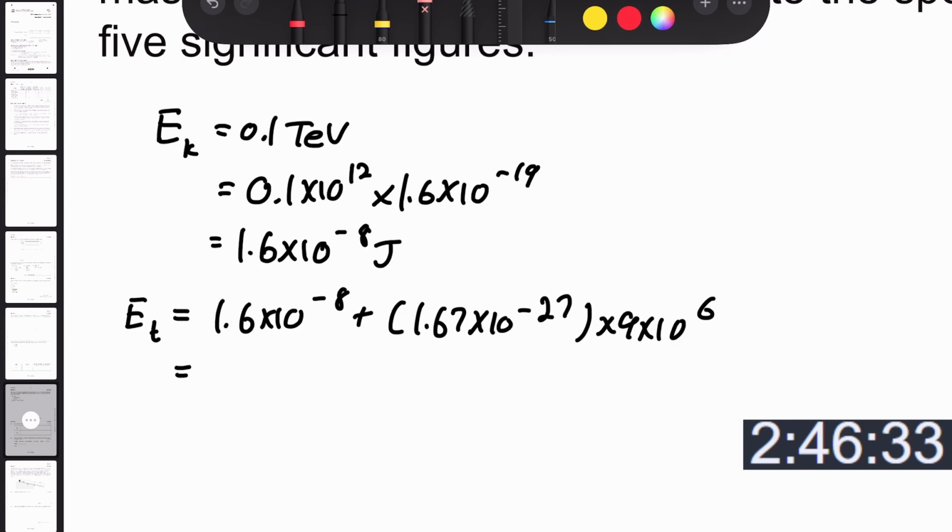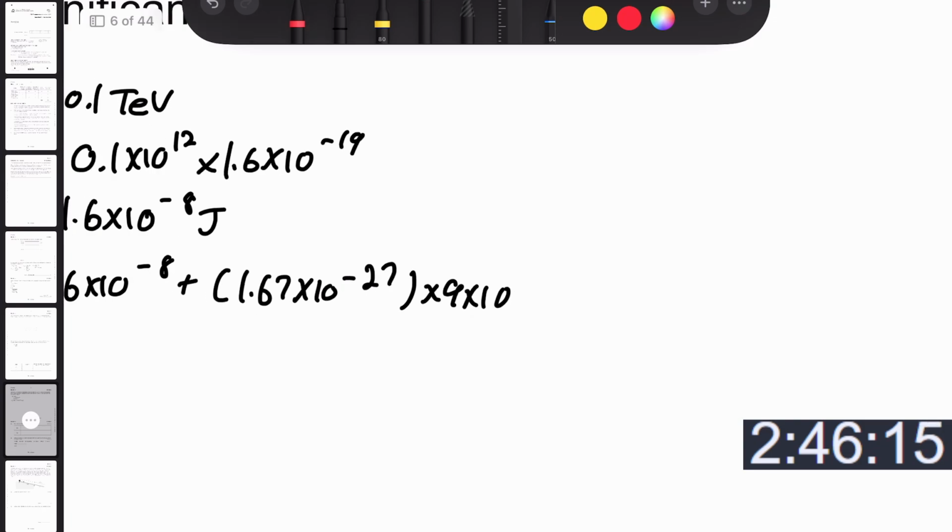What am I doing? It's 10 to the power 6, it's 3 times 10 to the power of 8, so this is times 10 to the power 16.